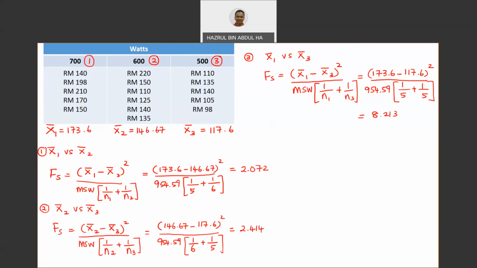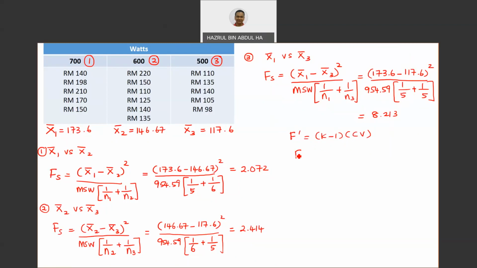Okay, so we have already found the test statistic for each comparison, and now we have to compare with F prime, where F prime is equal to the number of categories minus 1 multiplied by the critical value from the F distribution.